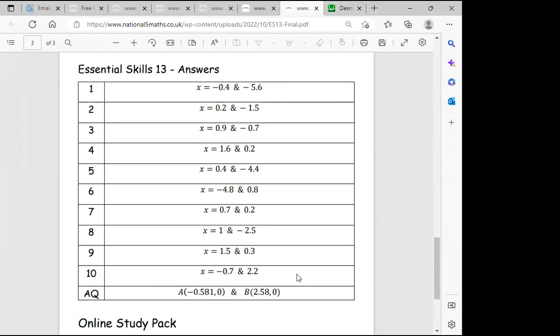Is there any other of those answers jumping out? Okay, so the tricky part of that is rearranging, and maybe something else that will trip you up is just that positive or negative for the b value.